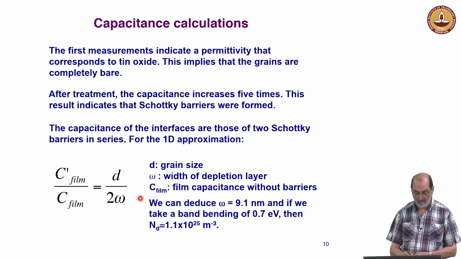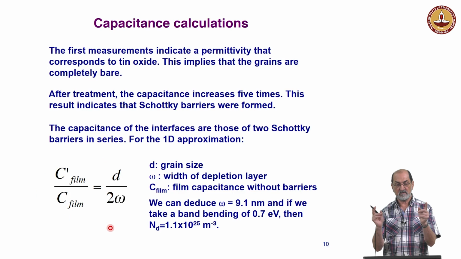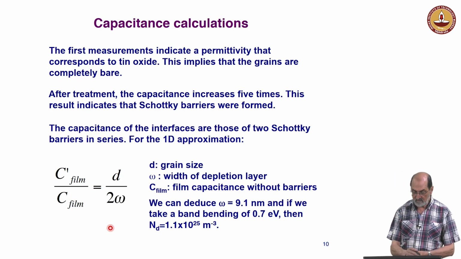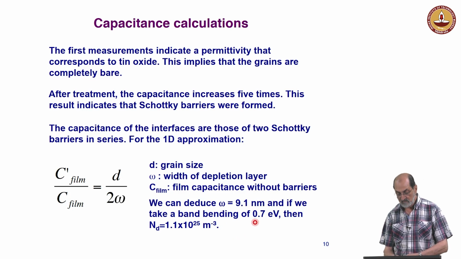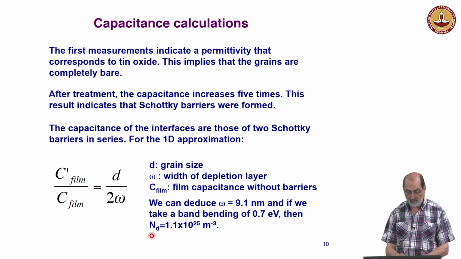That is the part that has a bulk property within the grain: you have to take the whole thing minus the two widths of the depletion regions. So, making these numbers, we could calculate the width of the depletion region, and taking a reasonable value for the band bending, which is about 0.7 eV, we can calculate the doping concentration.